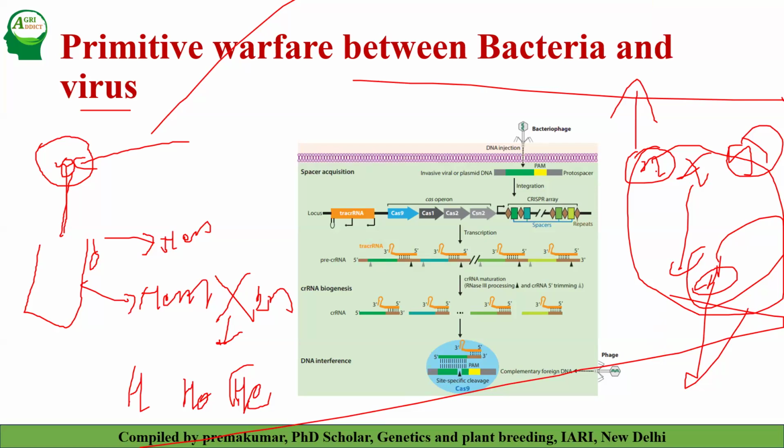Sir, without whole genome sequencing, we can do CRISPR, na, sir? We can't, because we need to design the guide RNA with information of the sequence. Without it, it's very difficult. At least we should have a gene sequence. If you don't have the whole genome sequence, at least you should have the gene sequence. Then only we can design the RNA.